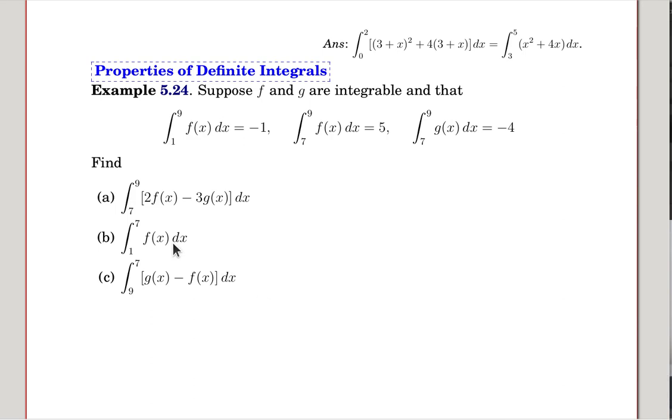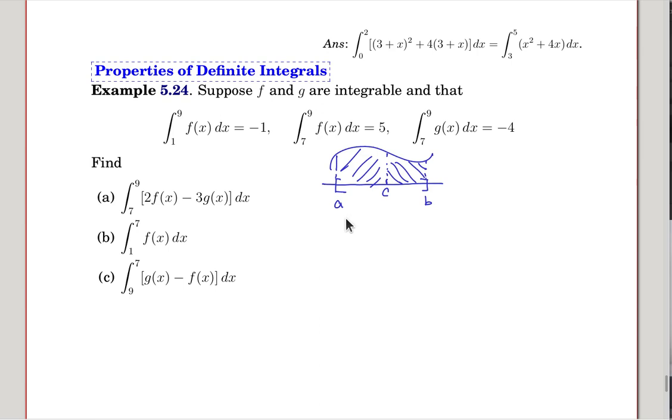There are some properties, but the main idea behind this problem is that if we try to get a definite integral from a to b, then if there is some point c, the whole definite integral can be made part by part. The definite integral over there and the definite integral over there, summed, is the definite integral from a to b.